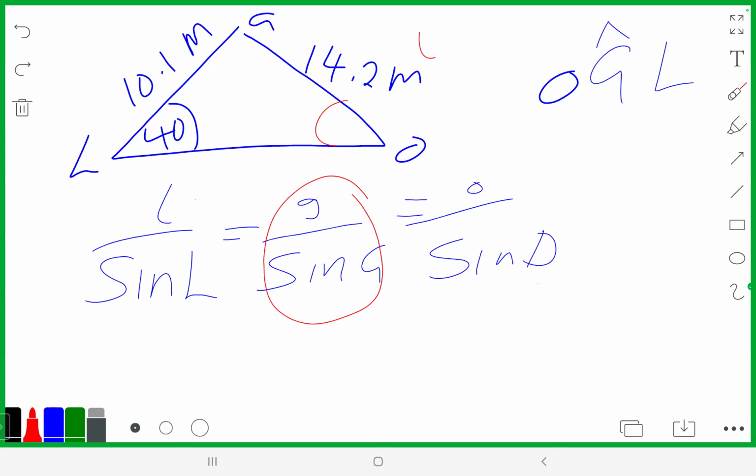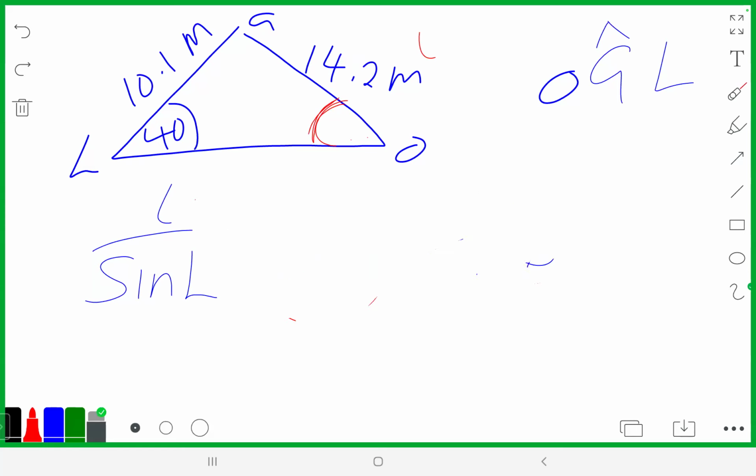We can find the angle O. It's easy to find the angle O because we are given side O. But it's very difficult to find the angle G because we are not given angle G and we don't even have a side G. And since we just want angle G, once we find the angle O, we know that all angles in the triangle add up to 180, right? Yes.